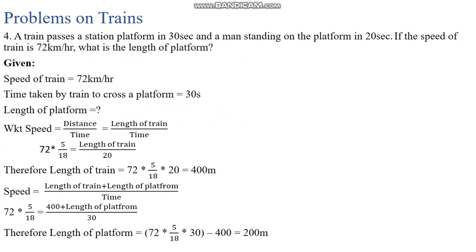Then 72 into 5 by 18 is equal to distance by time. Here distance is nothing but the length of the train plus the length of the platform. We know the length of the train, which is 400 meters, plus the length of the platform, we don't know that value, divided by 30, that is the time taken by the train to cross the platform. If I evaluate it, I will get around 200 meters.